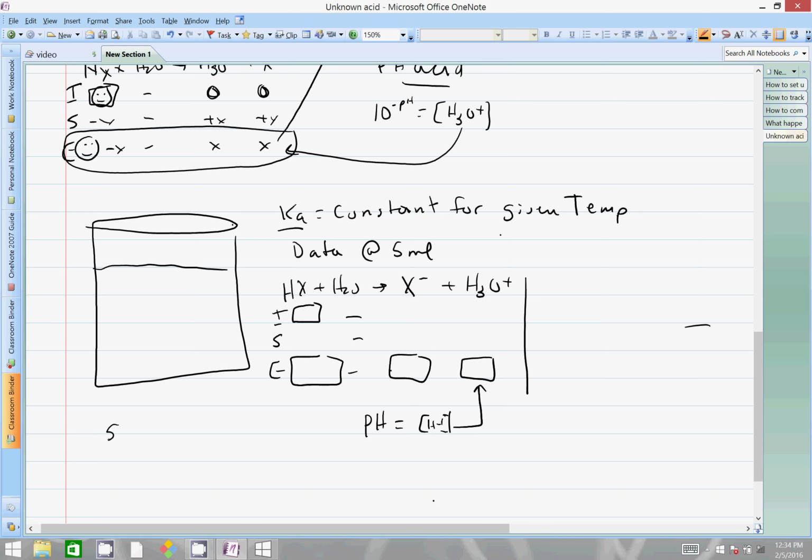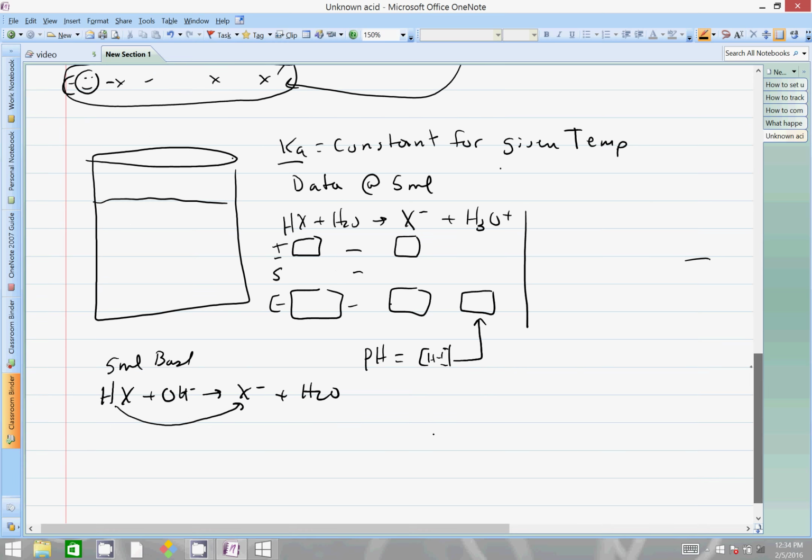For 5 milliliters worth of my base, I have been undergoing HX plus OH negative yields X negative plus H2O. I've been causing some of my acid to flip over to this. So my original acid is now smaller, and I picked up a little bit of this, which is fine.